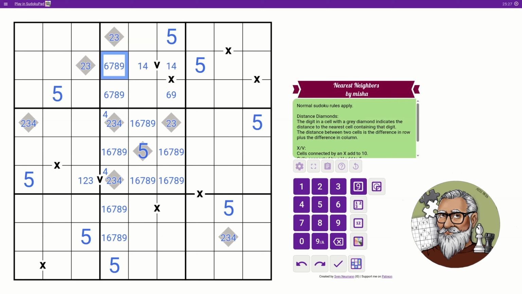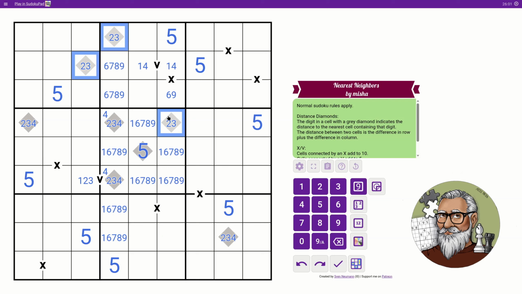Hold on. If this one is 2, this one has to be 2. Does that matter? If this one is 2, this one has to be 2, because that's the only one, right? That works. Is that an issue? Because this one becomes a 2 as well. Not sure how that could be an issue. This could be 2 to satisfy this one.